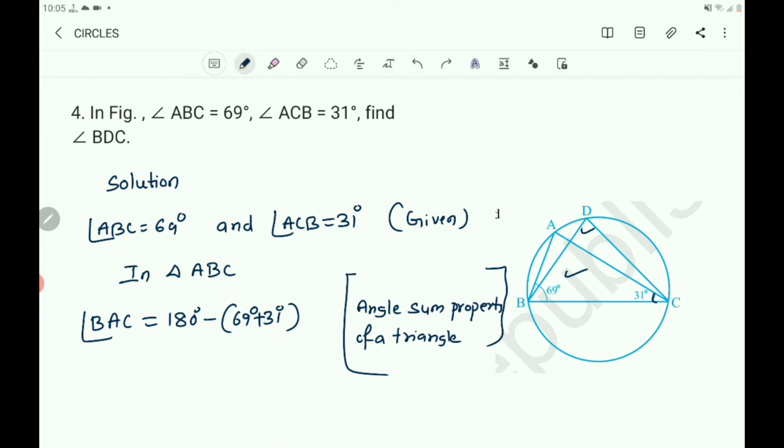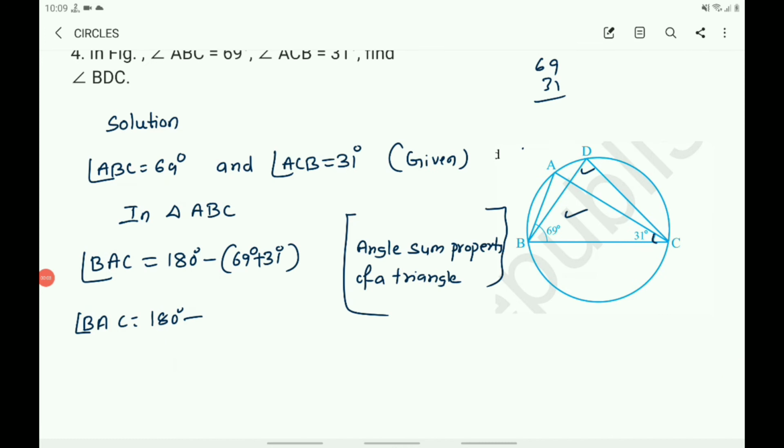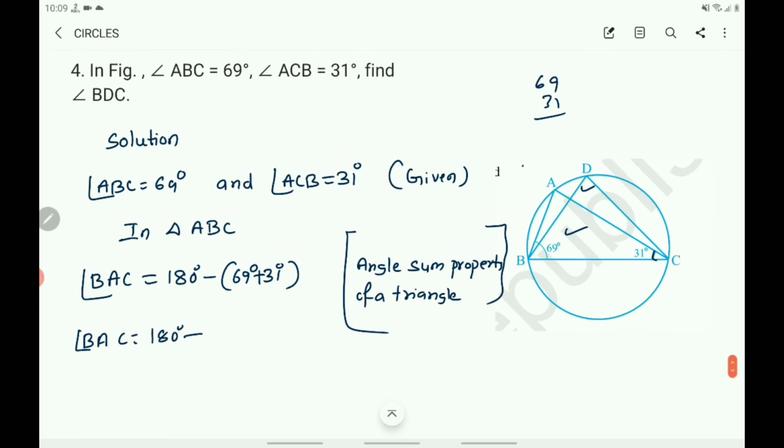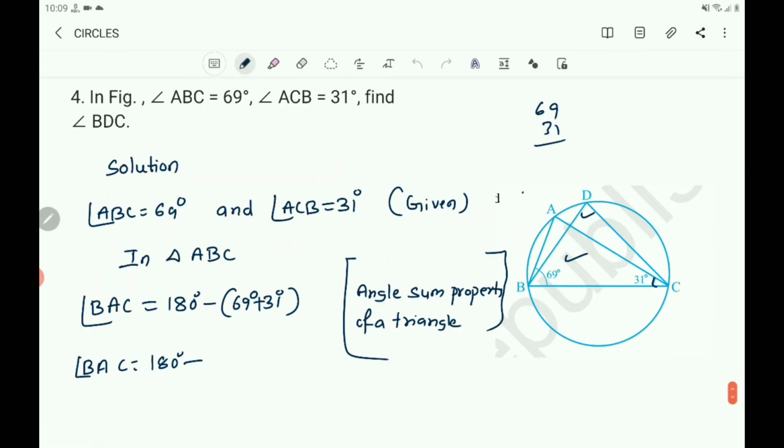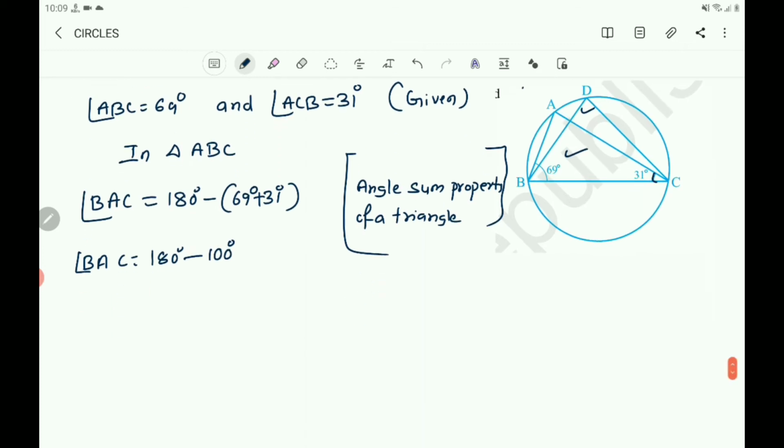So you got angle BAC equals 180 degree minus, then what is the sum of these two? 69 degree and 31 degree. So 69 plus 31 is, how much you will get? 100. So the sum of these two is 100 degree. Therefore angle BAC is equals to 180 minus 100 is 80 degree.